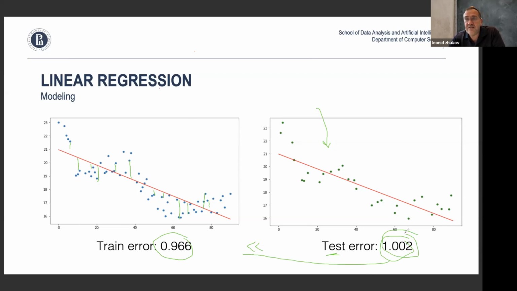On the real world, it's going to be at least as good as this, but most likely worse than that. So this is the error of your model. The error on the train set is only important for you as a designer, as a data scientist that creates models.